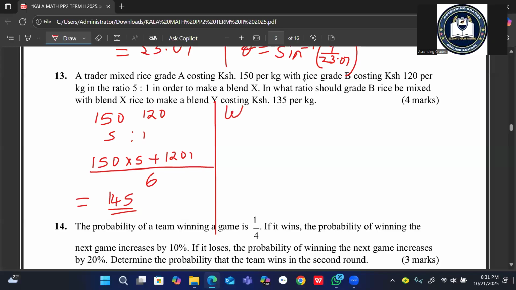So from there we let x kg of blend X be mixed with y kg of grade B rice.